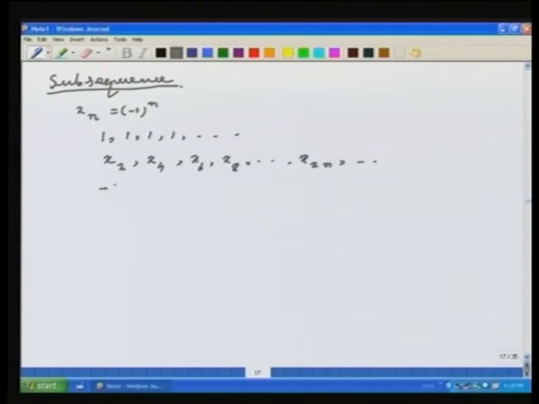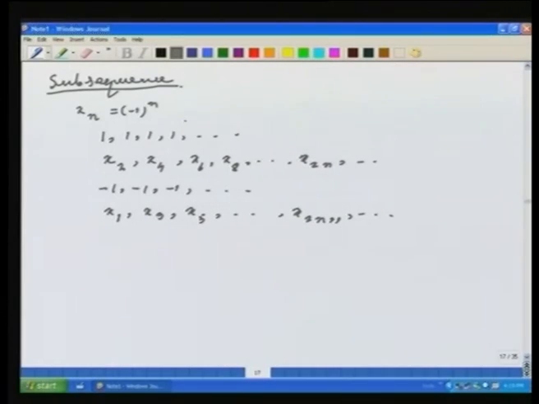Similarly, I can look at the constant subsequence minus 1, which is nothing but x1, x3, x5, x2n plus 1 and so on. And notice that the sequence xn does not converge, but the subsequences which I have picked up converge. That means this sequence has at least 2 subsequences which converge. That means even if the sequence is bad, it might have good subsequences.